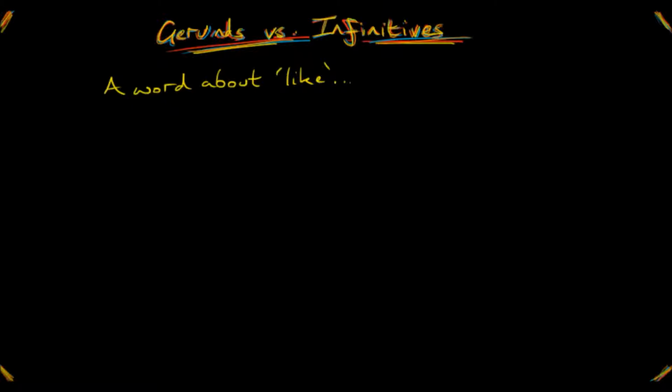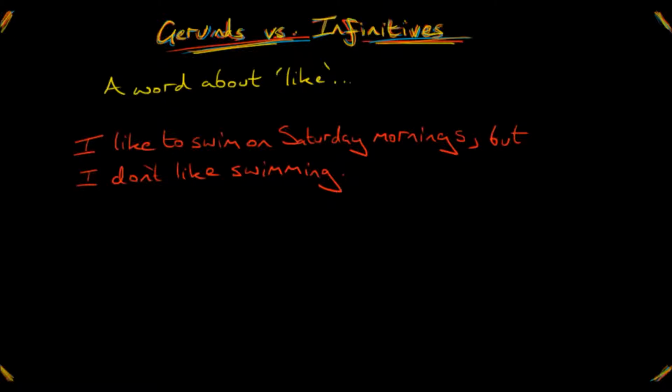However, here's a sentence which would make perfect sense to a native speaker, but to an English learner, this is probably very, very confusing. Let's take a look at the sentence. I like to swim on Saturday mornings, but I don't like swimming.